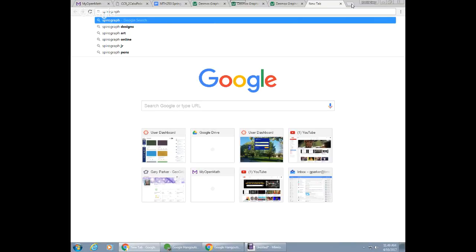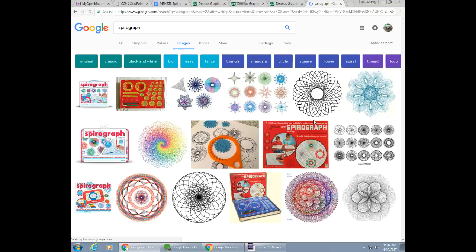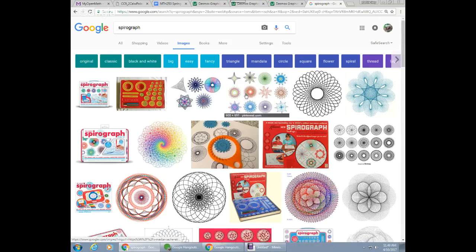Spirograph. I didn't spell that right, did I? Oh yeah, maybe. All right, so I'm going to show some cute images. Yeah, so you have these gears, and you place one gear inside of another or outside of the other, and the gears have little holes in them for a pencil, and you just kind of trace and move in circles, and you get all these crazy patterns.